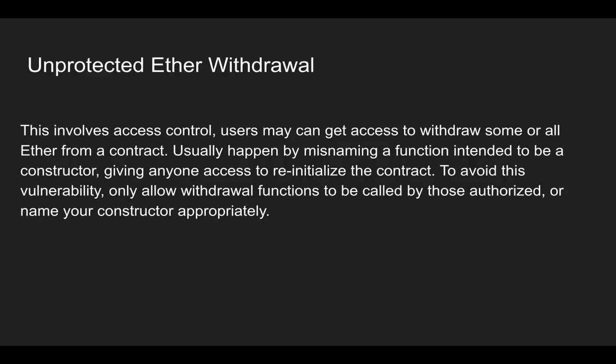To avoid this, you need to be careful who you authorize the withdrawal function to, and also try as much as possible to name your constructor appropriately, so that the users will not have access to reinitializing the constructor, or doing anything at all to your contract.